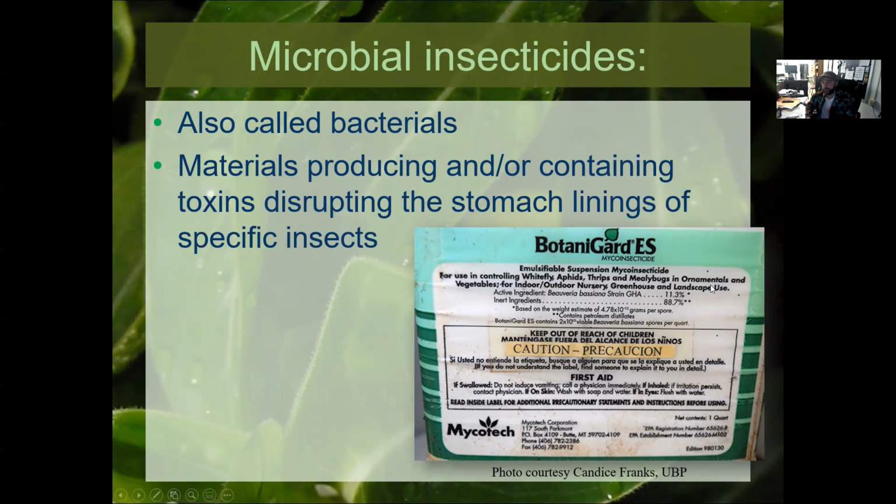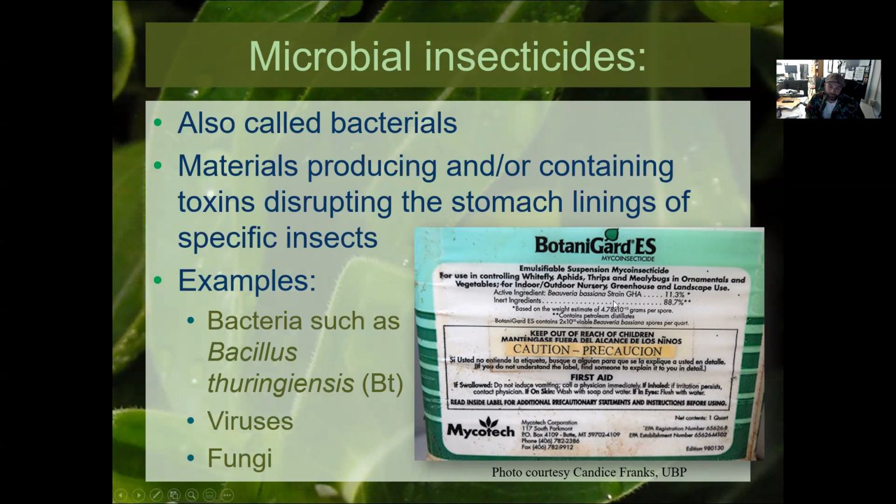So it's telling you right on the label what it's going to control. And it is meant for indoor, outdoor nursery, and greenhouse. The ones we're talking about today are for greenhouse. Some examples of this would be bacteria such as Bacillus thuringiensis, viruses, and fungi.